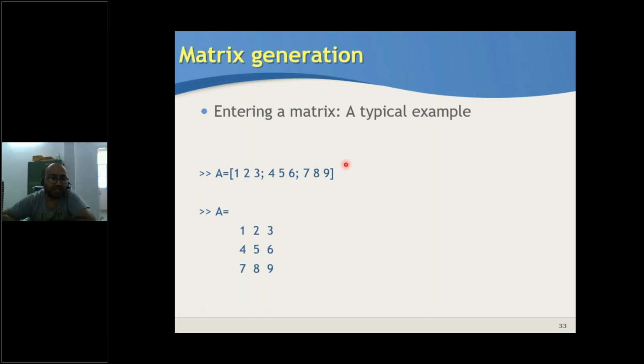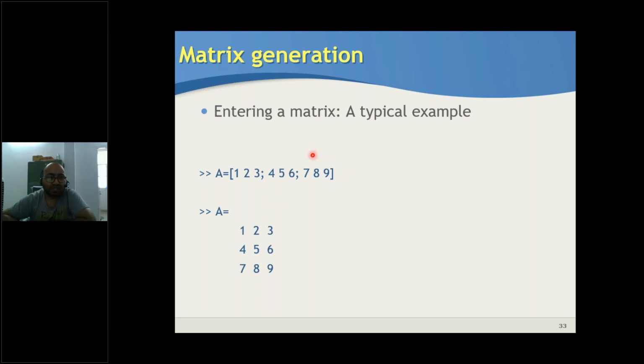How do we generally type any matrix? So suppose we want to type a 3 cross 3 matrix. 3 cross 3 means 3 rows and 3 columns are present in the matrix. So you have to write like this: A equals 1 space 2 space 3 semicolon 4 space 5 space 6 semicolon 7 space 8 space 9. That means 1, 2, 3 are present in the first row, 4, 5, 6 are present in the second row, and 7, 8, 9 are present in the third row.